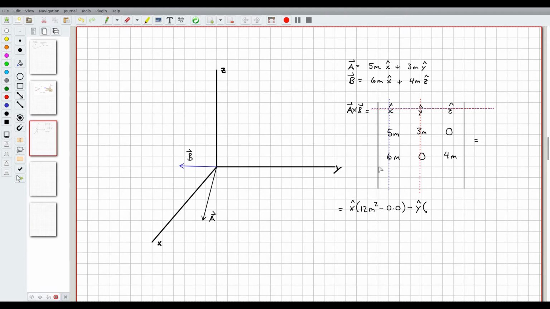The square that we're looking at is this square right here, but with these eliminated. So, upper left times lower right minus lower left times upper right. 5 times 4 is 20, minus 0 meters times 0. Now, the third and final operation you do here involves z. Put your finger over z and block out its row and column.